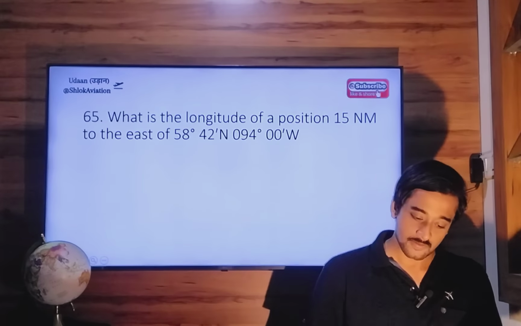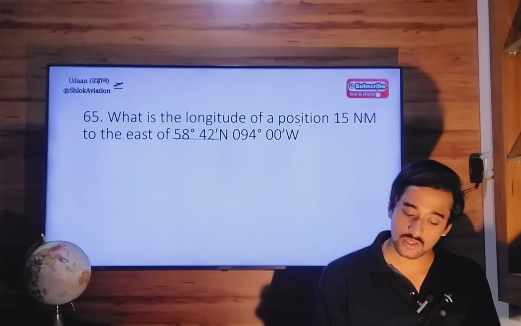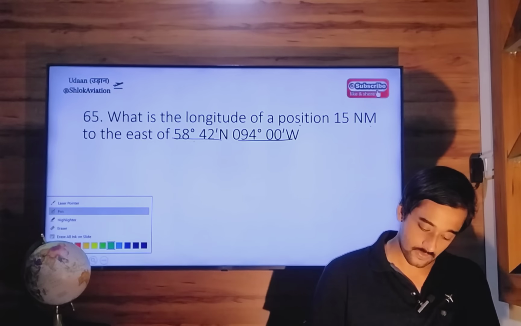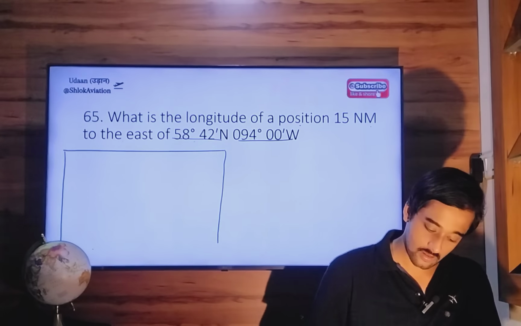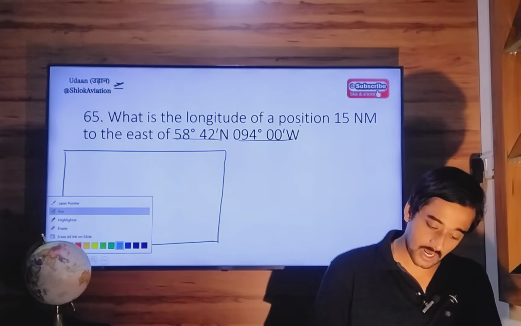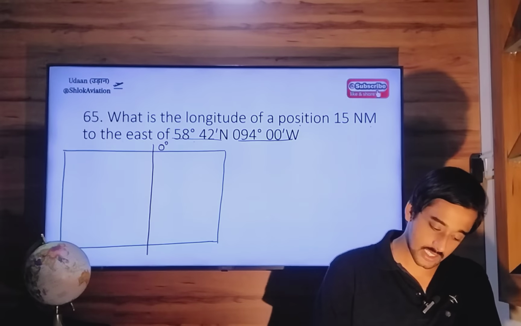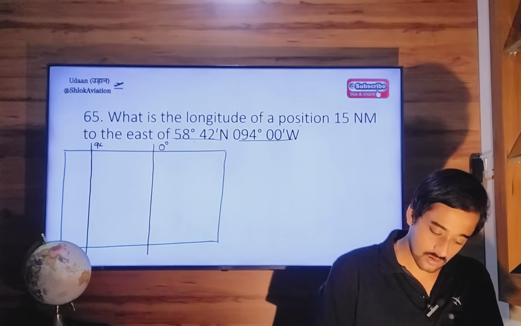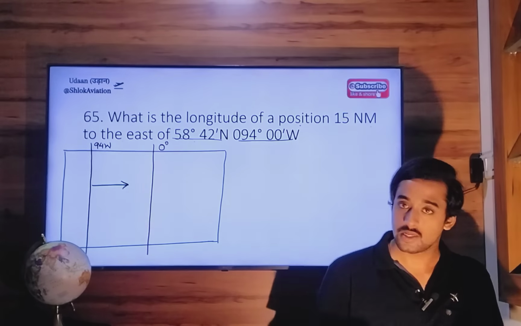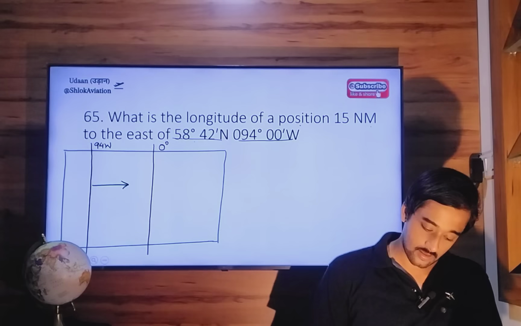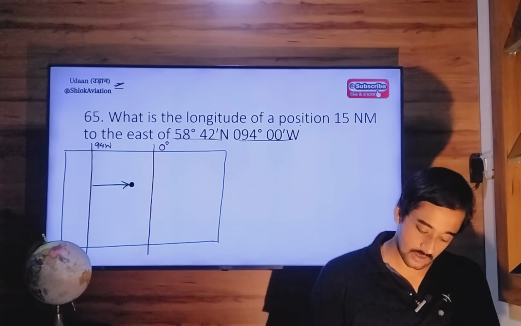Next. What is the longitude of position 15 miles east of 58 degree 42 north 94 degree west? So this is your prime meridian 0 degree. This is 94 degree west, and the position is 15 nautical miles to the east of this, somewhere here. So let's find out the d long.